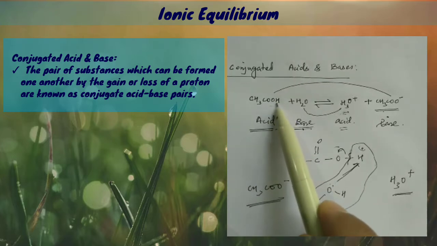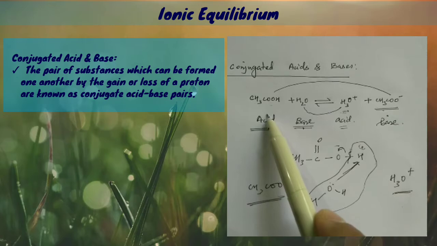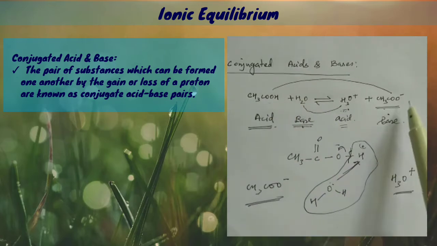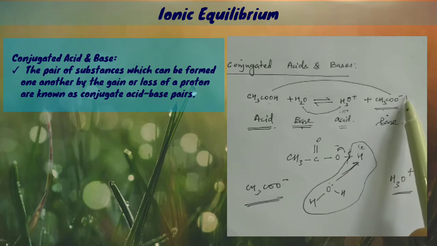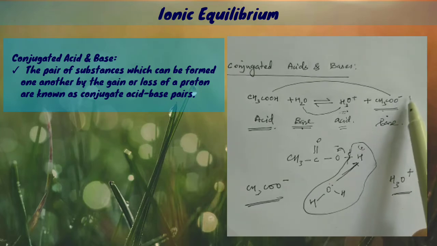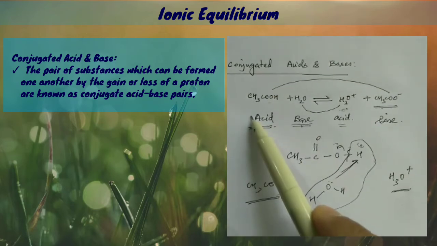If an H positive ion is removed from this acid, then it will form the conjugate base of this acid, okay. If this base forms a bond with that H positive ion, then it will form the conjugate acid.